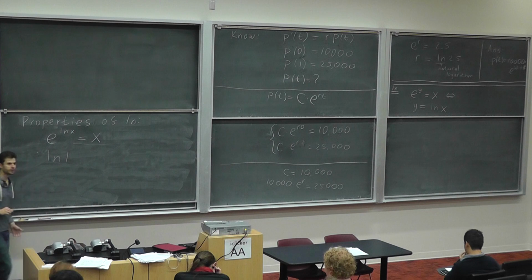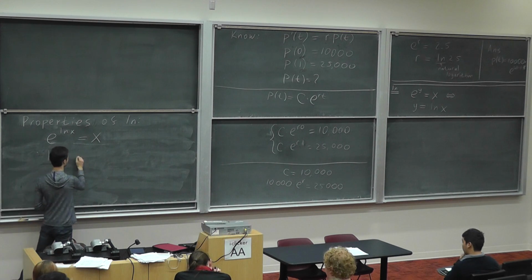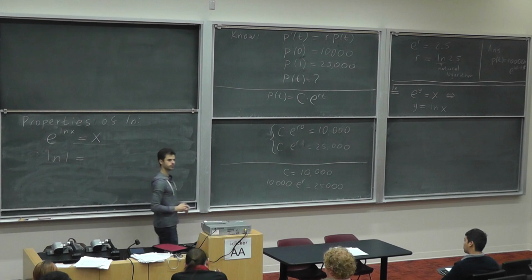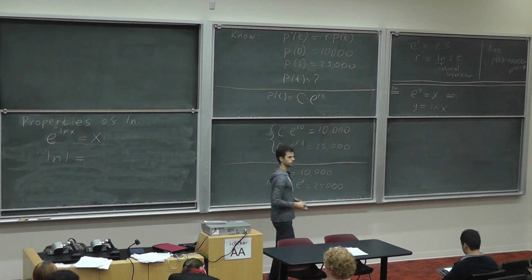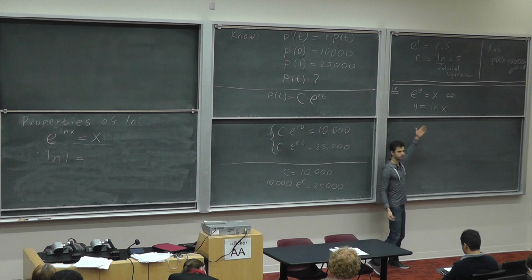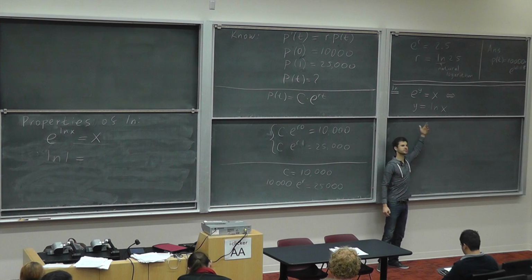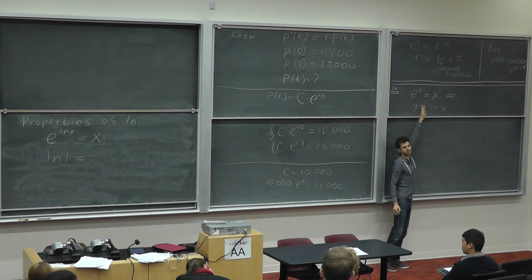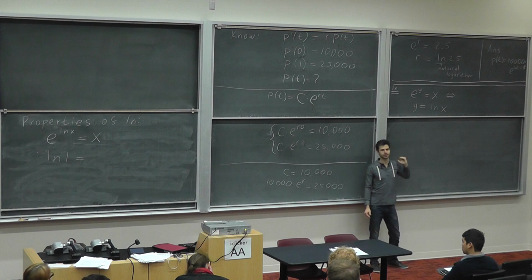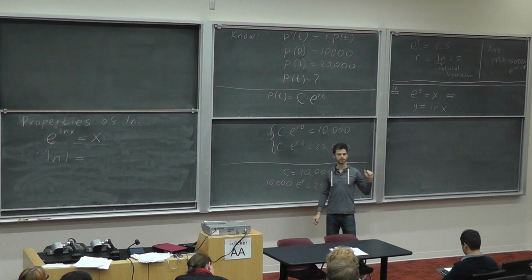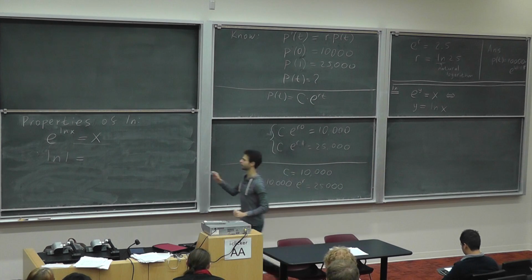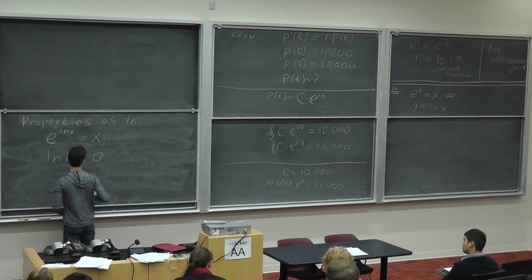Okay. Another thing, the logarithm of 1. What is the logarithm of 1? The way to think about this question is, what is the power to which I should raise e to get 1? That's the same question. 0. Okay.